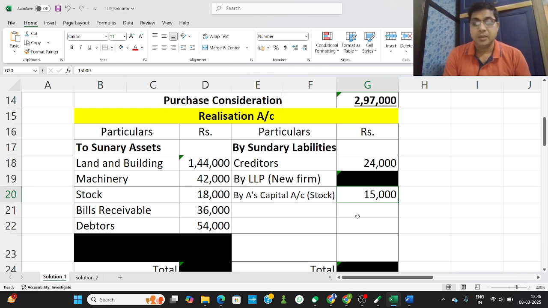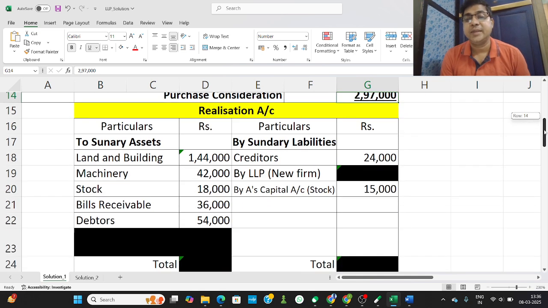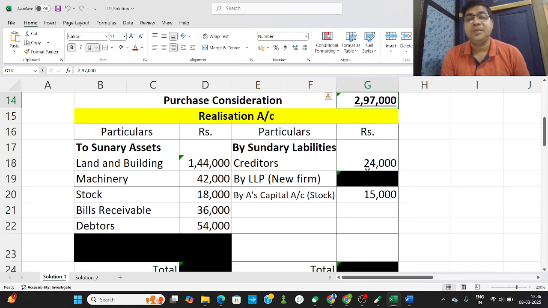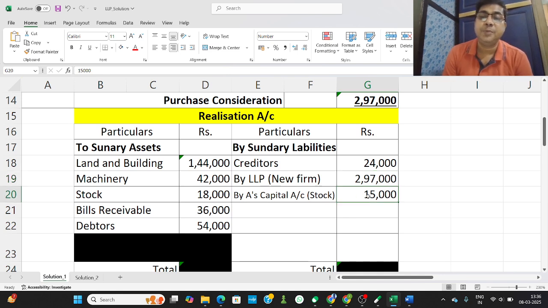15,000. Then after that, purchase consideration we have already calculated, and the purchase consideration value recorded is 2,97,000. This particular value is also recorded in our realization account credit side by LLP new firm, and there we have to put the value of the purchase consideration. So stock, it is taken over by A. So we have to put A's capital stock value 15,000.